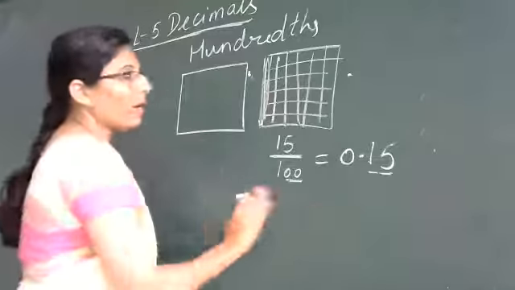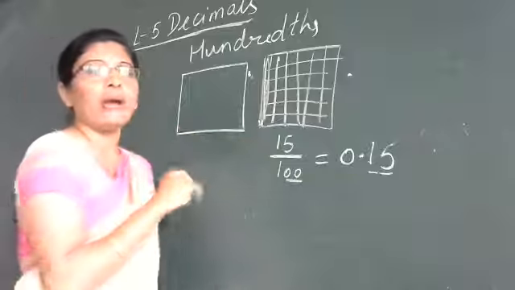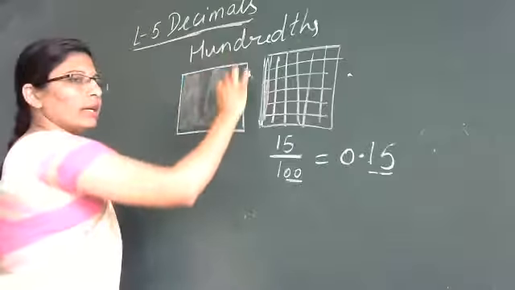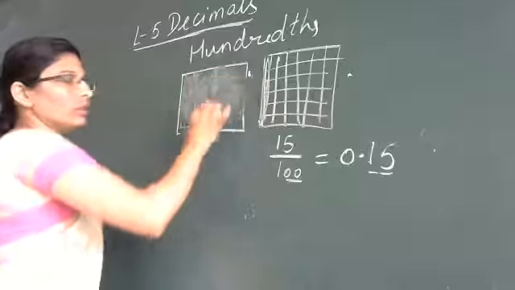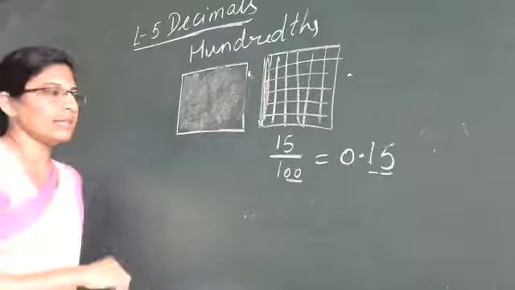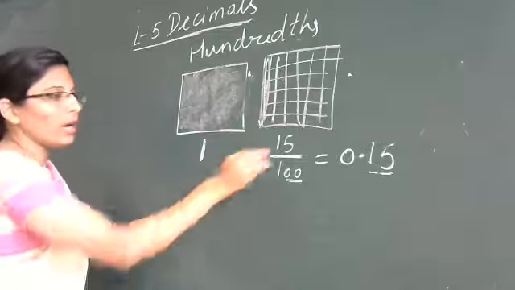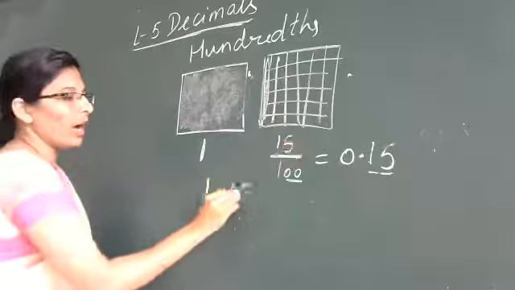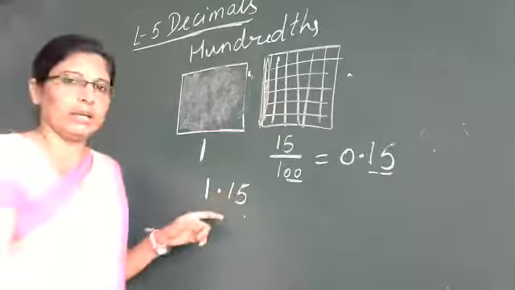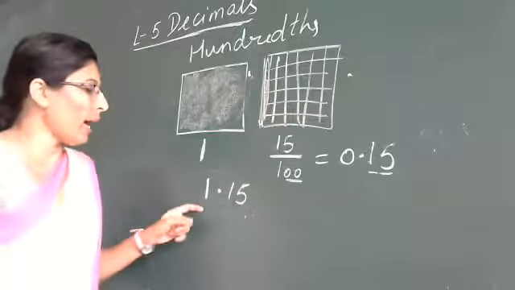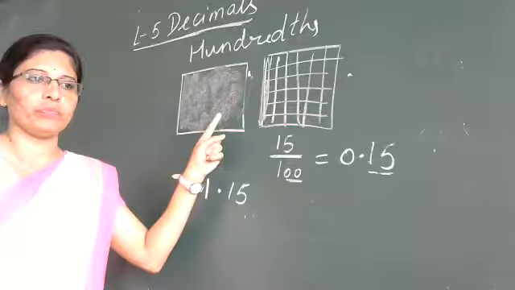So in 100 we have to make 100 parts. If this one full part I color, what is the decimal here? This is one full. So 1.15. 1 means this whole.